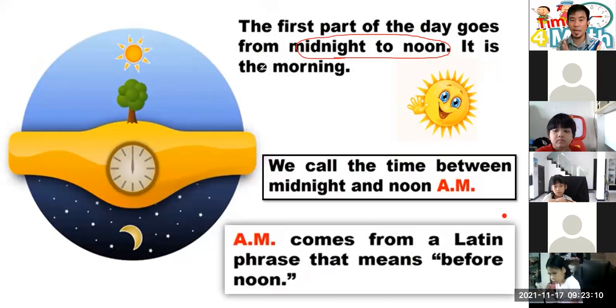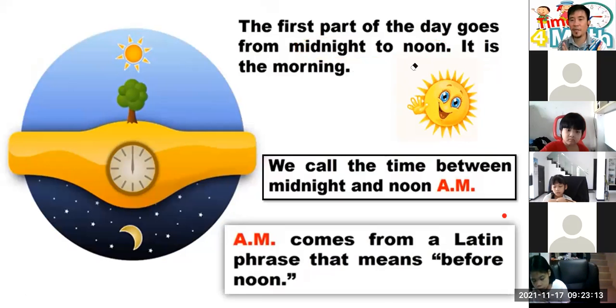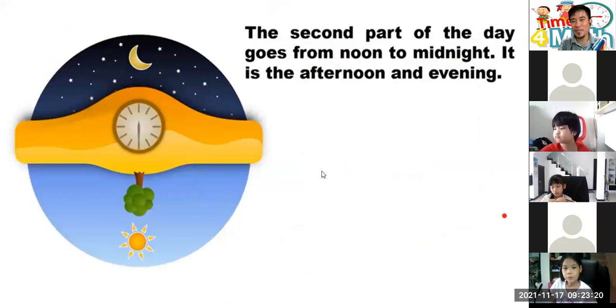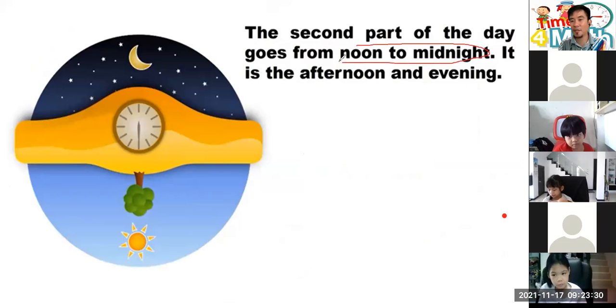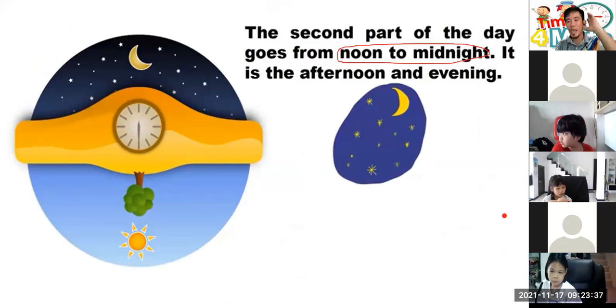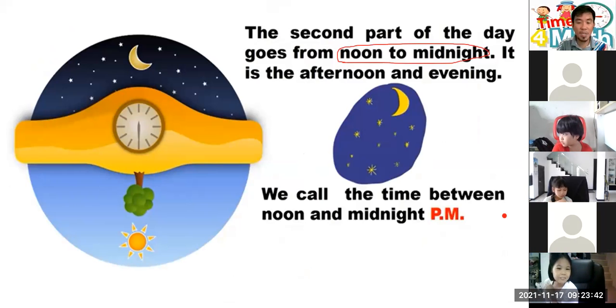Now the second part is from noon to midnight, and that is the afternoon and the evening. You will see a moon and stars. So we call the time between noon and midnight as PM.